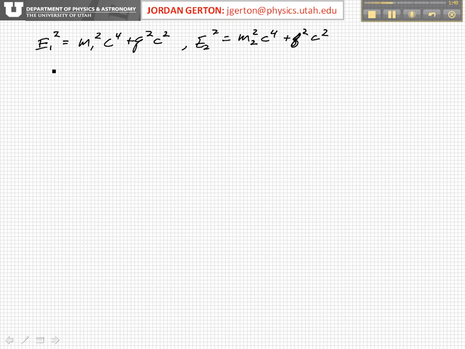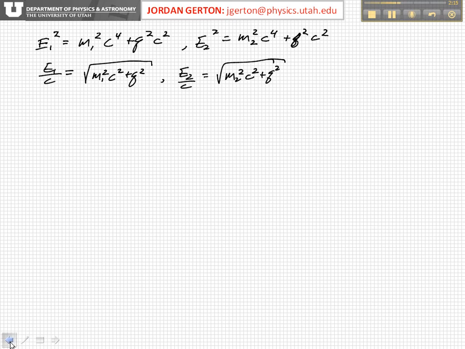Okay, so we have that E1 over c is equal to the square root of m1 squared c squared plus q squared, and E2 over c is equal to the square root of m2 squared c squared plus q squared. That's all under the square root, sorry.